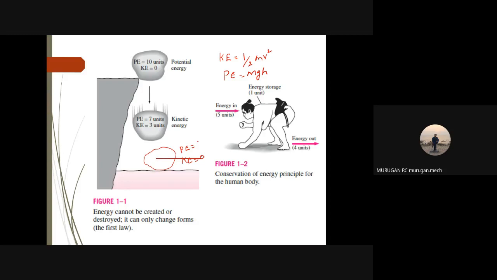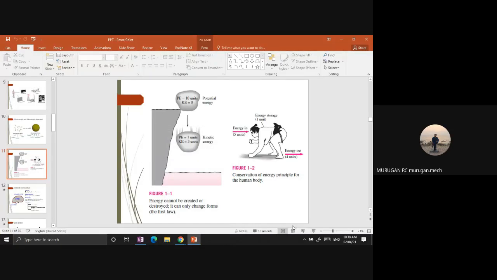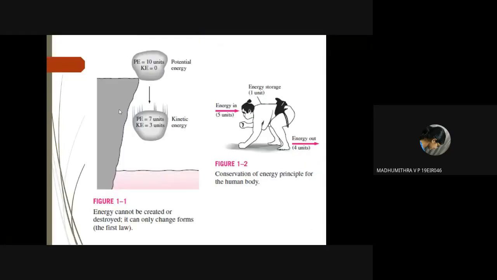How much will it come? What is the value? Must have some value. See, listen, the stone falls here. PE and KE: when it comes here KE will be 0, whereas PE is also 0. How?